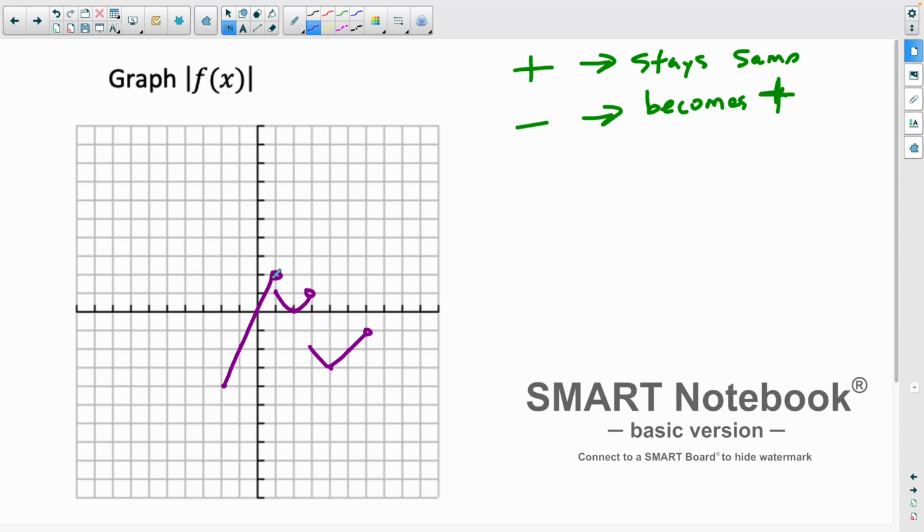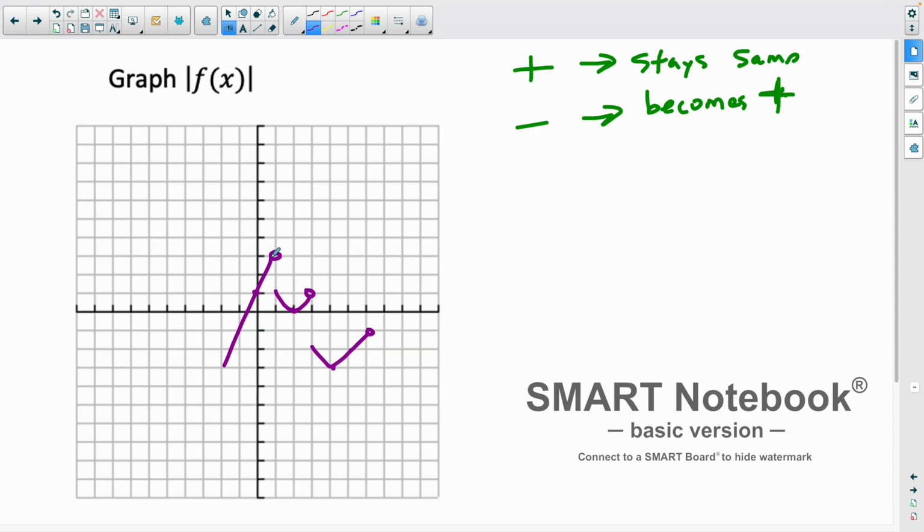That is not correct. I need to shift it up. Let me redo that real quick. My y-intercept is at 1, not at 0. Okay. Now, here we go. So I have this. If you want to lightly draw it, that's not a bad idea.